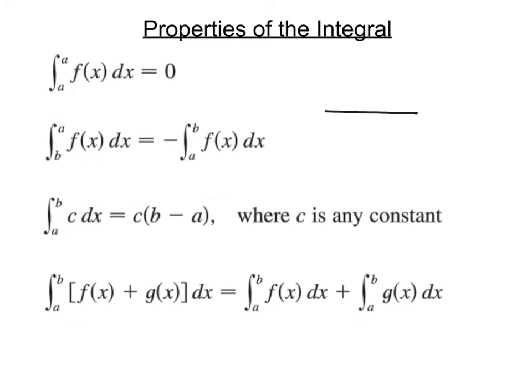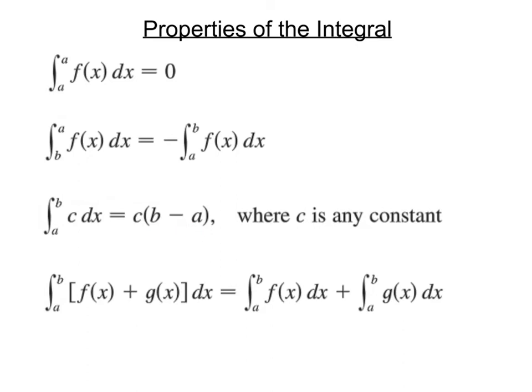And if I want the area under the curve, it of course forms a rectangle. And if I want to find the area of that rectangle, it's the height, which is c, times the width, which I find by doing my starting point minus my ending point. And so really what this is saying is that if it gives us a horizontal line, then we get a rectangle, and so we do height times the width.